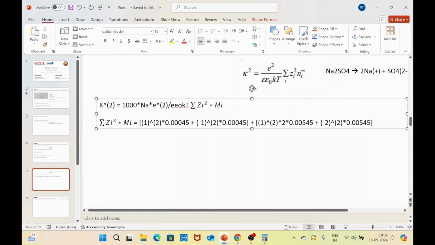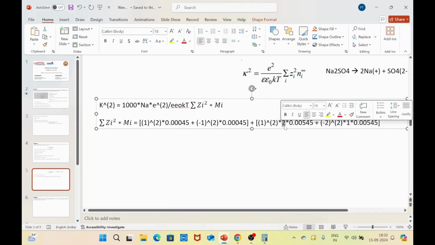For every 1 mole of Na2SO4 dissociating, it is only giving 1 mole of SO4 2 minus. So it is just minus 2 whole square times 1 times 0.004545. But in case of your Na plus, for every Na2SO4 that dissociates, 2 Na plus ions are generated.